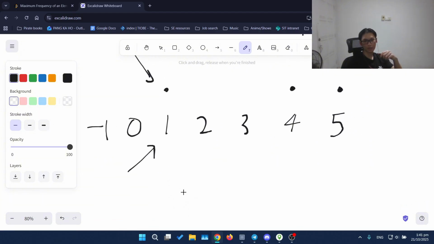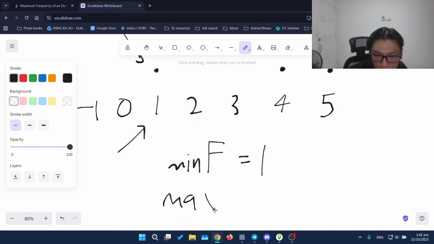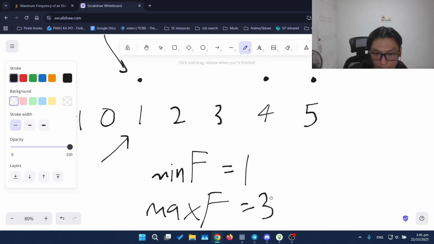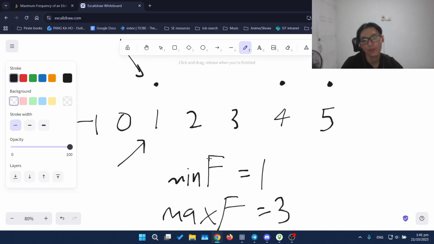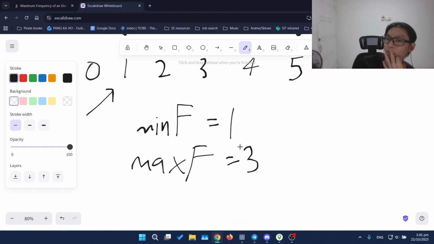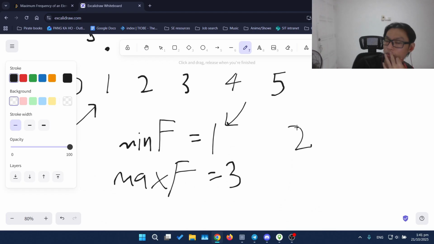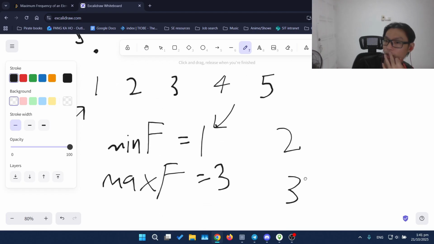The minimum frequency, let's call that min f. Well, the minimum frequency is always 1, and the maximum frequency is 3 in this case, which is the length of the input. So we can achieve 1, we can achieve 2, we can achieve 3.